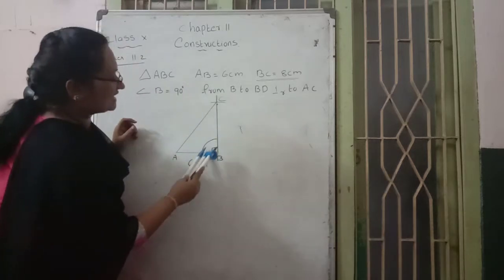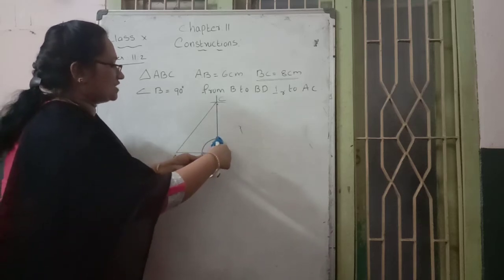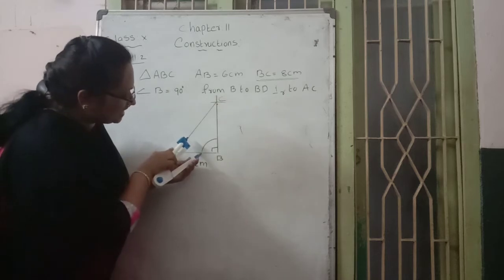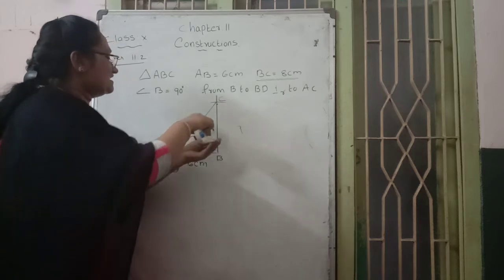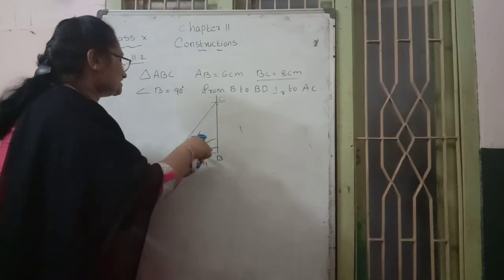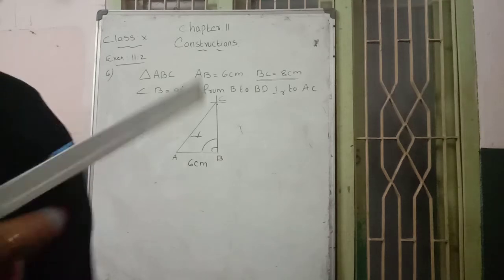These two arcs intersect here and here. Take the distance between the two arcs, keep the compass point here and draw an arc. In the same way, keep it here and draw an arc.